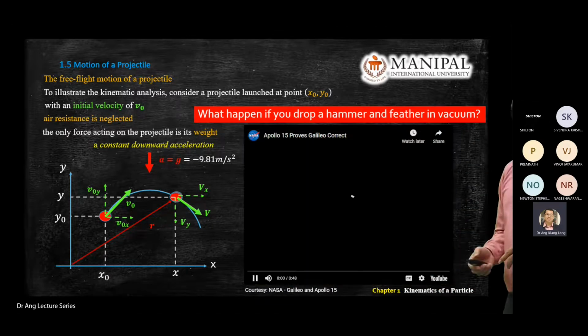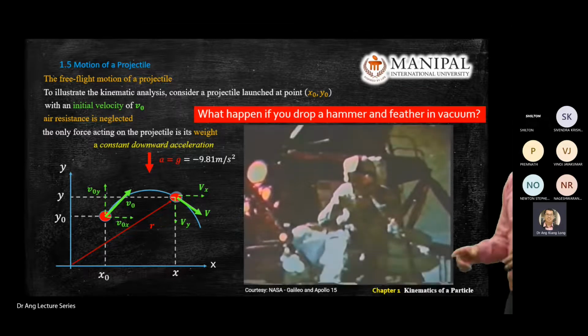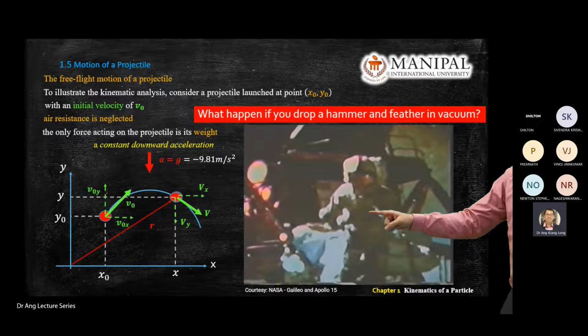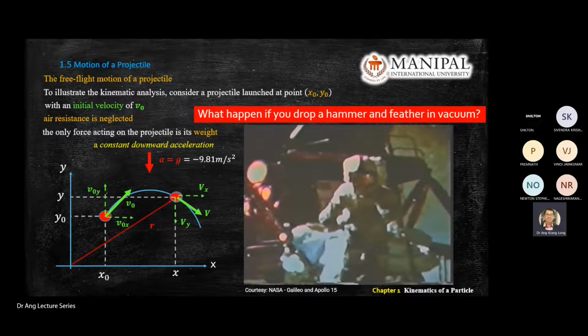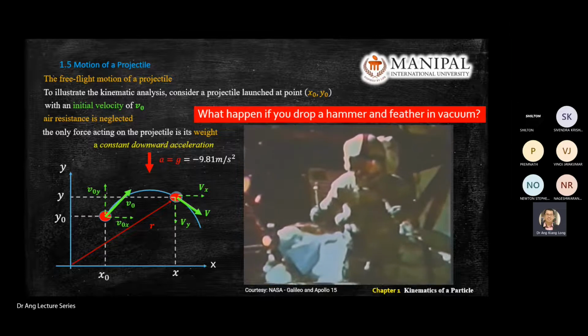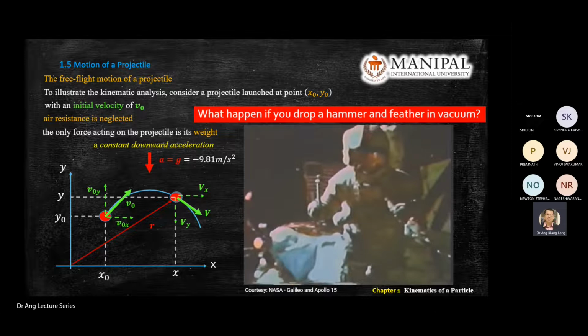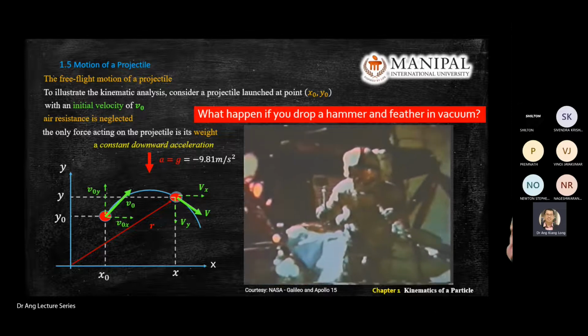Let's watch this video. Well, in my left hand I have a feather. In my right hand a hammer. And I guess one of the reasons we got here today was because of a gentleman named Galileo a long time ago who made a rather significant discovery about falling objects in gravity fields. And we thought that where would be a better place to confirm his findings than on the moon.